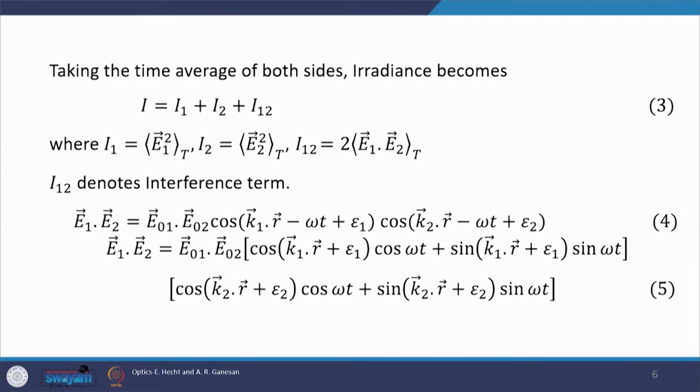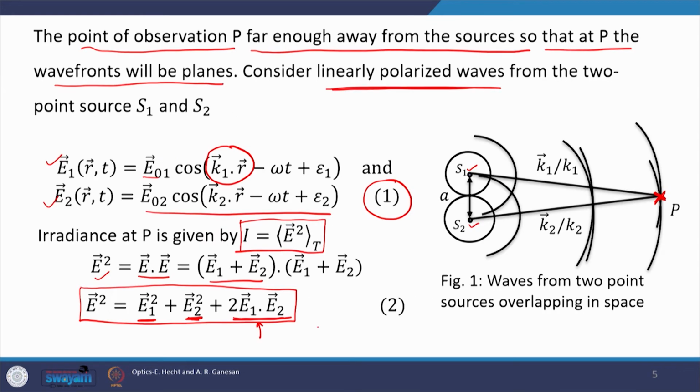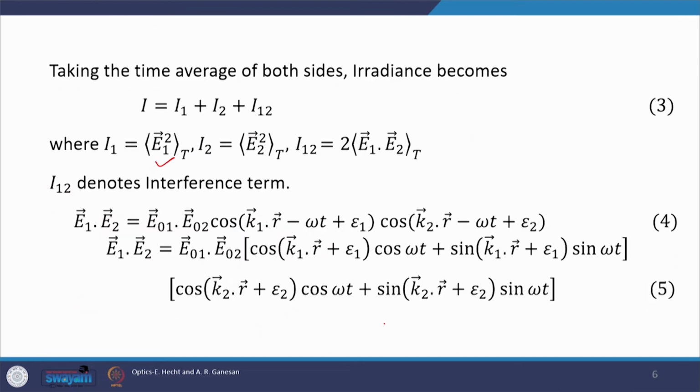Now, let us take the time average of equation number 2 to calculate irradiance. When we take the time average, we express the time average of E1 square by I1, the time average of E2 square by I2, and the time average of this cross term by I12, and therefore, the final expression takes this form.